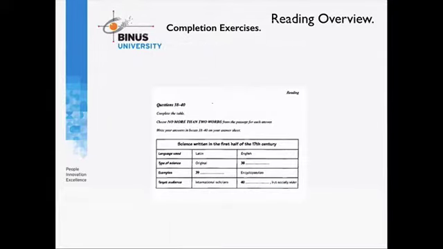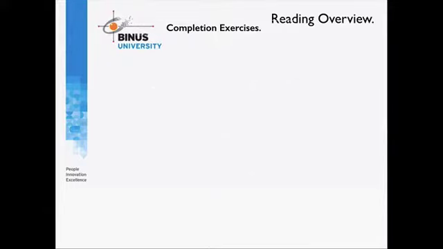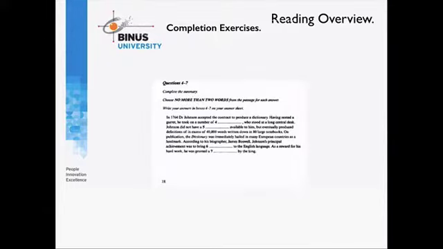And this is completing information presented as a table. And here is another one where you have to complete the words in a summary. Notice that in nearly all of these completion exercises, you will have an instruction. In this one we're looking at now, it says choose no more than 2 words.